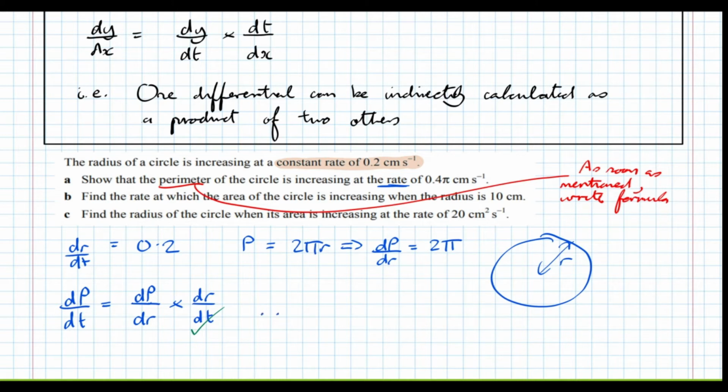Therefore, dp by dt, so we've got dp by dr is 2 pi times dr by dt, which is 0.2, equals 0.4 pi centimeters per second as required.